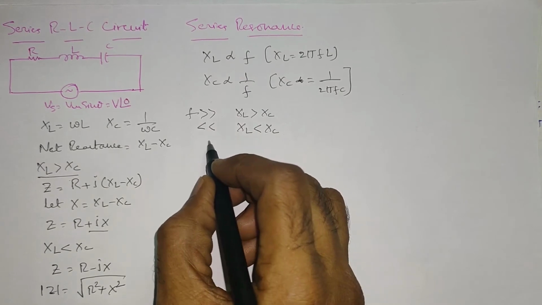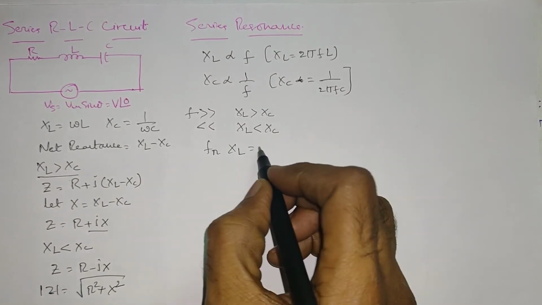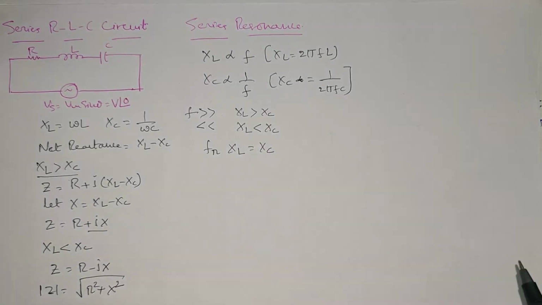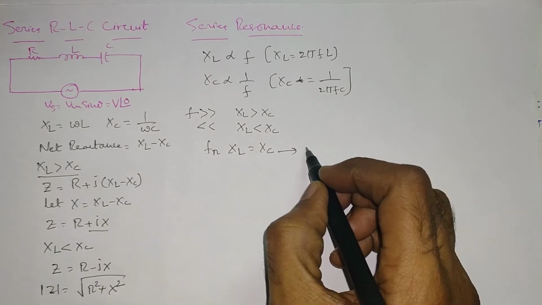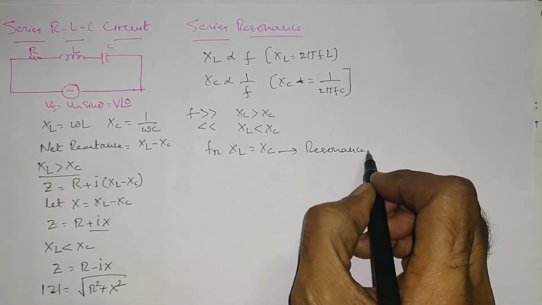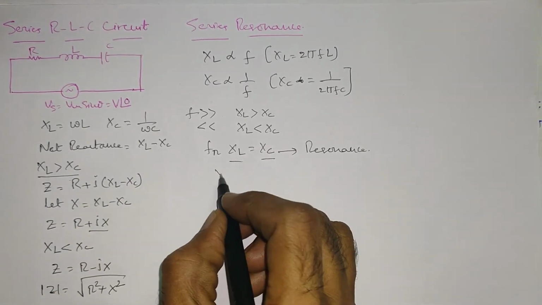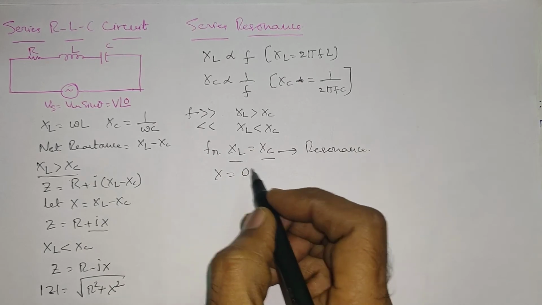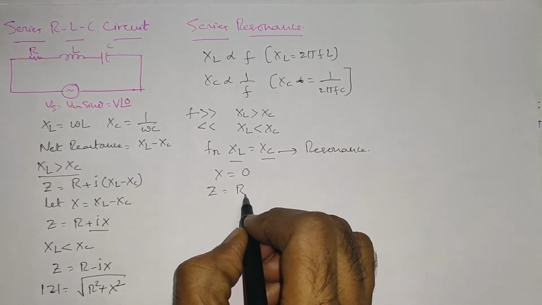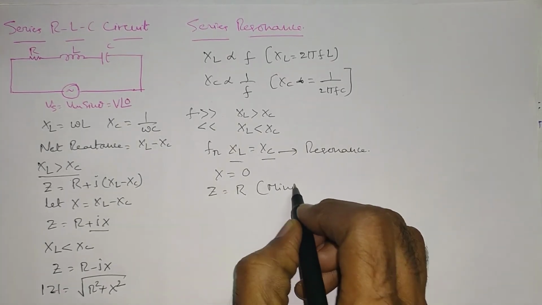And for a particular value of frequency, say Fr, we have a condition such that XL becomes equal to XC, and this condition is said to be resonance. When XL becomes equal to XC, we have the net reactance equal to 0, and the circuit behaves like a pure resistive circuit, and the impedance becomes equal to R, which is the minimum.